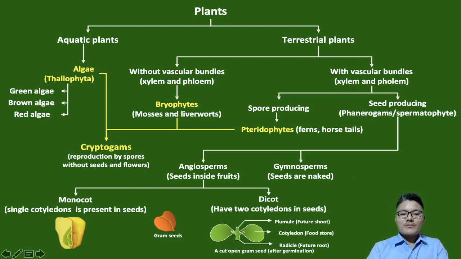So cryptogams are not producing seeds, they produce spores. So this is a general discussion about the diverse divisions of plants under the plant kingdom. With reference to this, we'll be discussing in detail all the different types of plants under the plant kingdom.